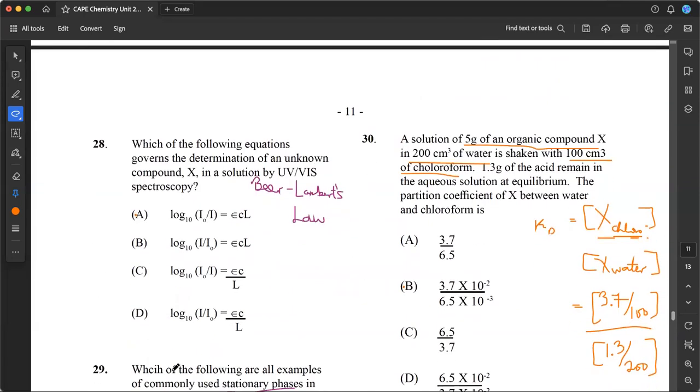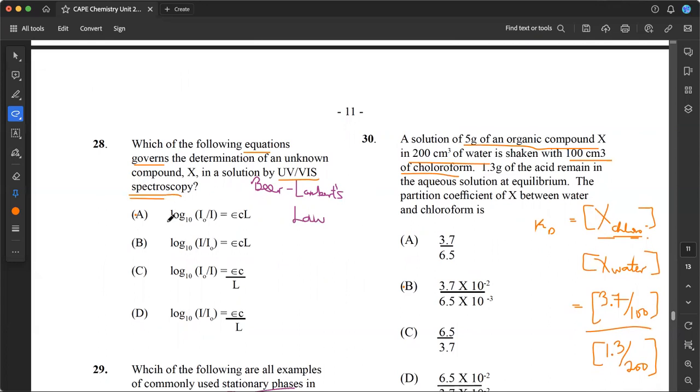28 says, which of the following equations governs the determination of an unknown compound X in a solution by UV-visible spectroscopy? Whenever we think about equations as they relate to UV-vis, we're always going to be thinking about Beer-Lambert's law, right?